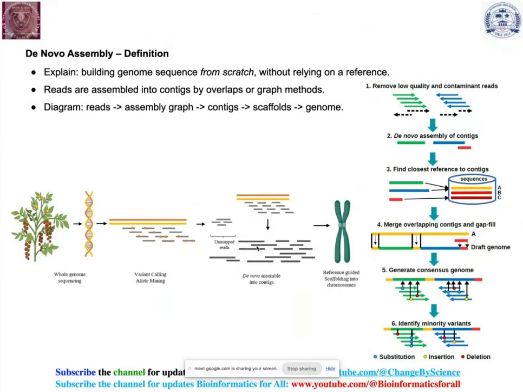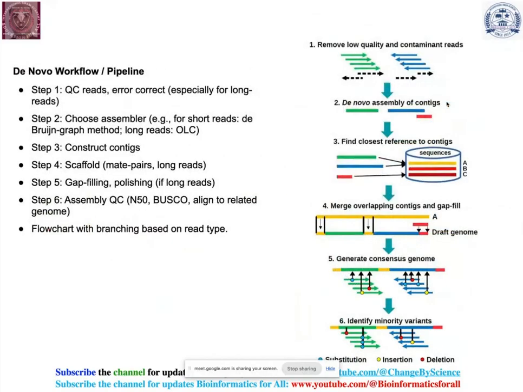And what are the steps which you can see in this figure? Remove low quality and contaminant reads, de novo assembly of the contigs, find the closest reference to contigs, then merge overlapping contigs and fill the gaps, generate the consensus genome, and identify the minority variants, such as substitution, insertion, deletion, and something more.